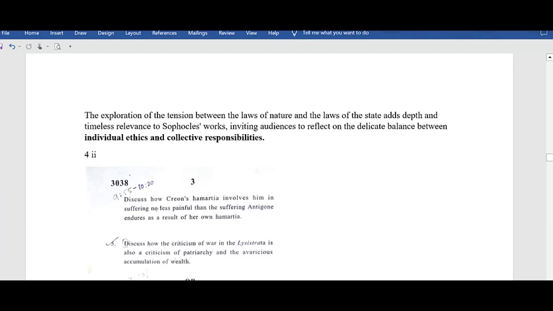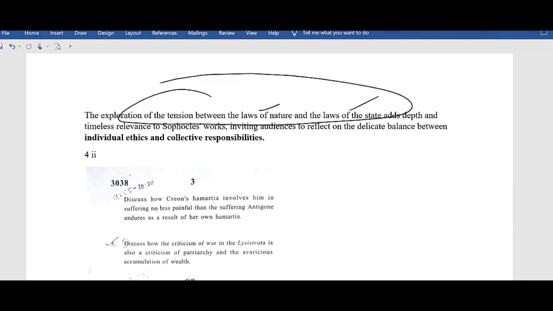So this exploration in the tragedy of Antigone, this tension between the law of nature and the law of the state, is important, and it makes the play survive so many years, so many generations, so many centuries, because this is an ever relevant debate.